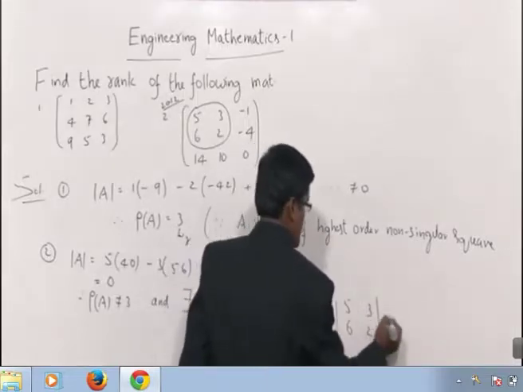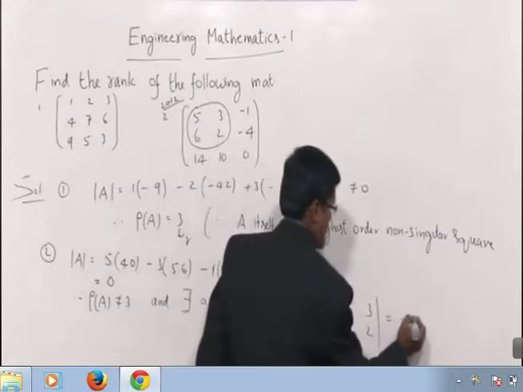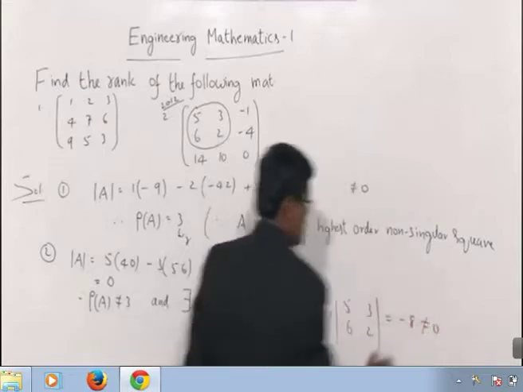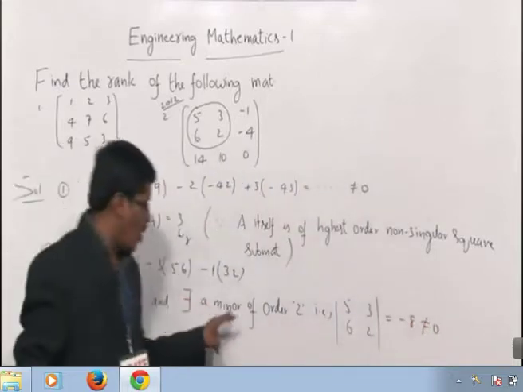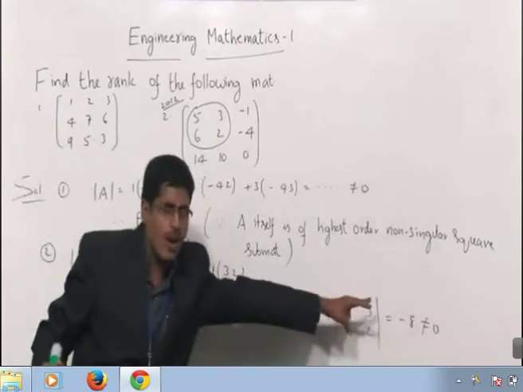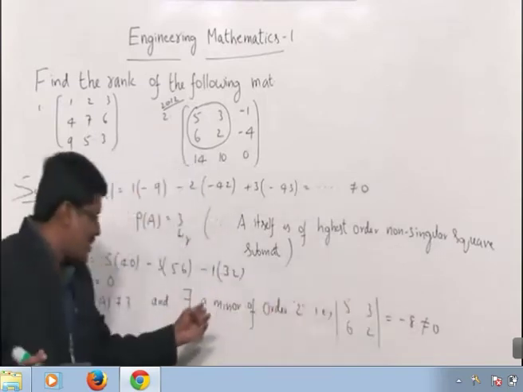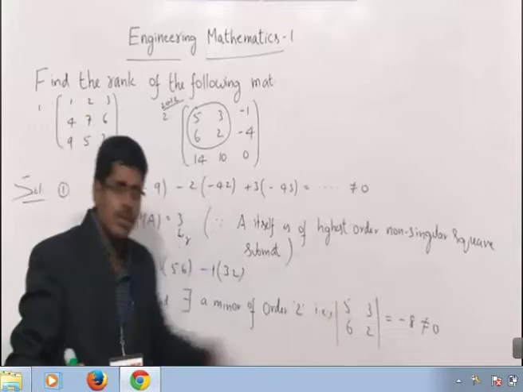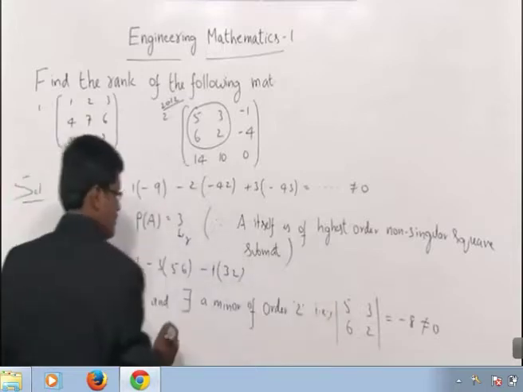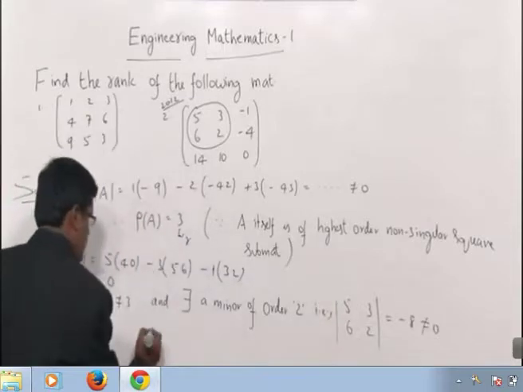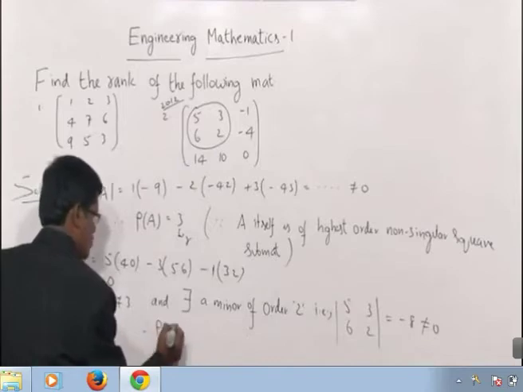How much? 10 minus 18, minus 8, not equal to 0. That is, there exists a non-zero minor of order 2, because we got the last one not equal to 0. That's why I didn't write non-zero here. Therefore, rank A is equal to 2.